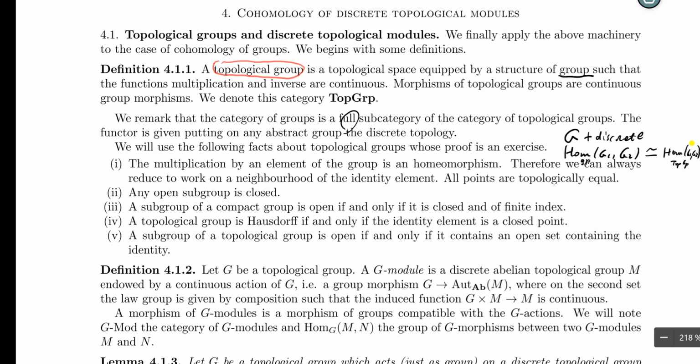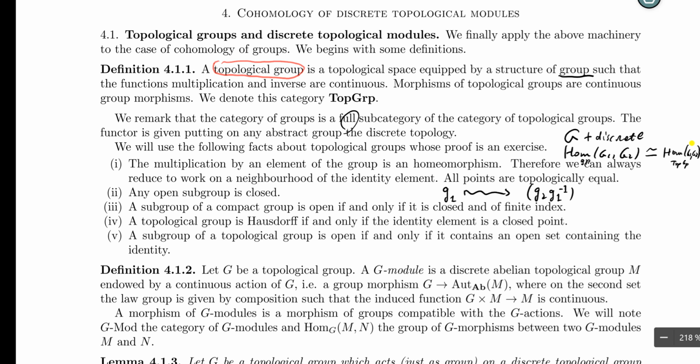Starting from a point g1, by multiplication by g2 g1 inverse, you come into the neighborhood of g2. And this map is continuous, a homeomorphism.